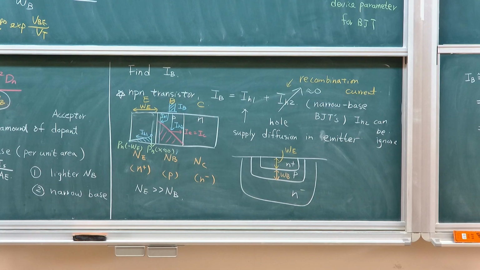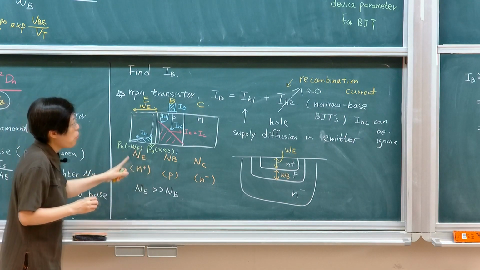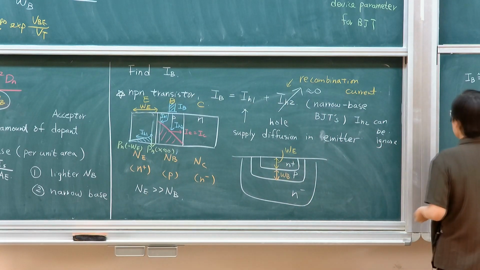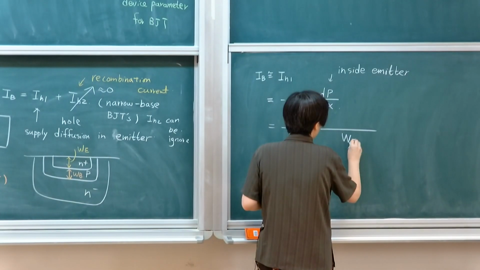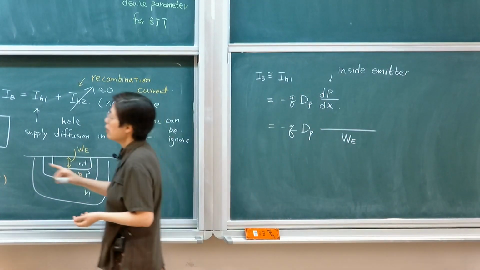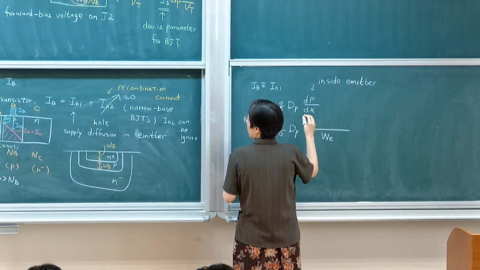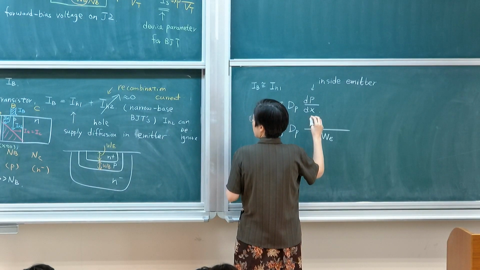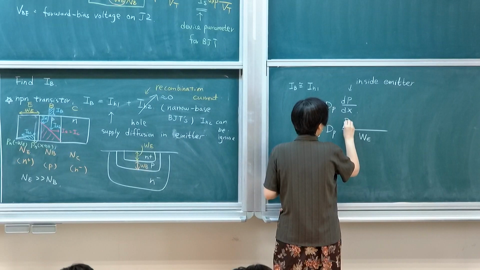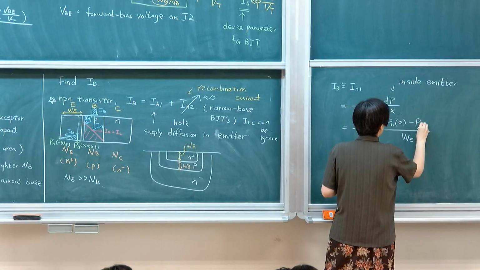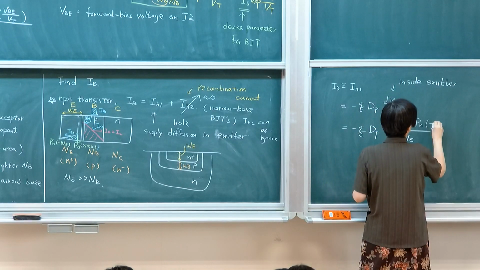So once you have this structure, then we want to define these two points. I know that the distance for diffusion is WE, right? And at this location is Pn at 0 minus Pn at minus WE.